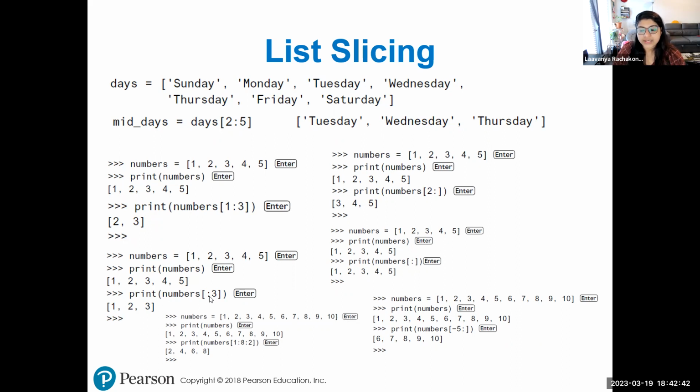Same thing in this case, numbers, where I did not specify the starting index. That means the starting index is taken as 0 by default. So you will be seeing 0, 1, 2. So the output is 1, 2, 3, as the third positional value is 4. And as the ending index is not included, you will be seeing 1, 2, 3 as the output.